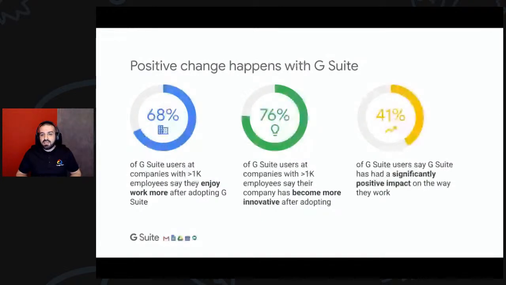And the last point is 41% of employees had a positive impact on the way they work. So it's not only a matter of the tools, it's more of changing the culture of the way you do things at work, or the culture of collaboration, or sharing information, or making sure that you are collaborating with the right people. So all of these were positive changes that we've seen happening in G Suite across different organizations and group of people.